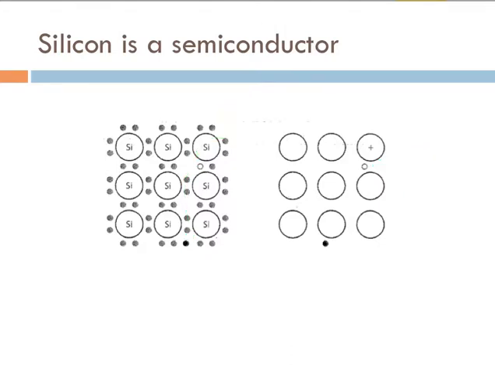So it creates these holes that other electrons are going to move into, and then create another hole where other electrons are going to move into. So you get the migration of these holes and electrons, making them conductive.